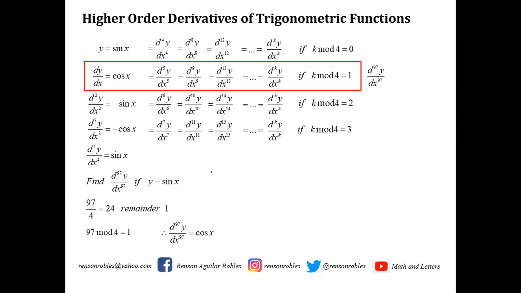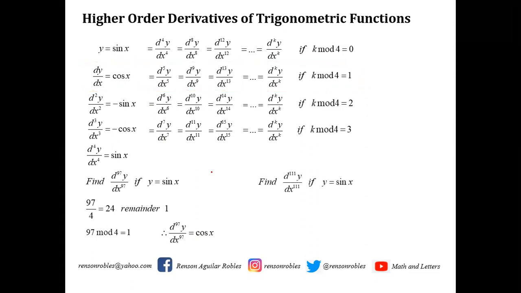Okay, let's have another one. Say we want to get the 111th derivative of y equals sine x. Again, dividing 111 by 4, you will observe that 111 modulo 4 is equal to 3, or that's 27 remainder 3.